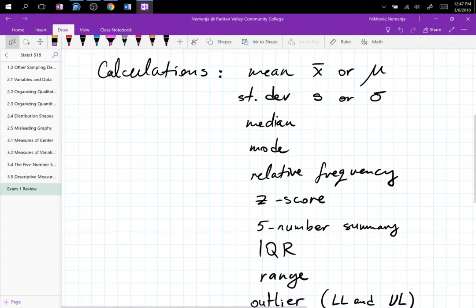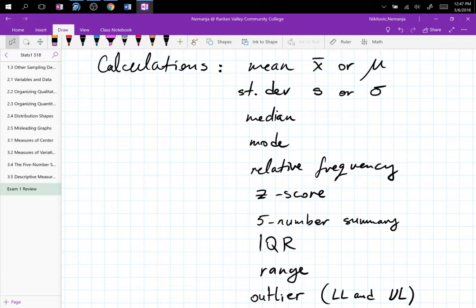So that's the calculations. What formulas do you have to know and memorize? Again, no formula sheet. X bar is the summation of all xi divided by lowercase n, because that's the sample. Mu is the summation of xi divided by capital N for your population.